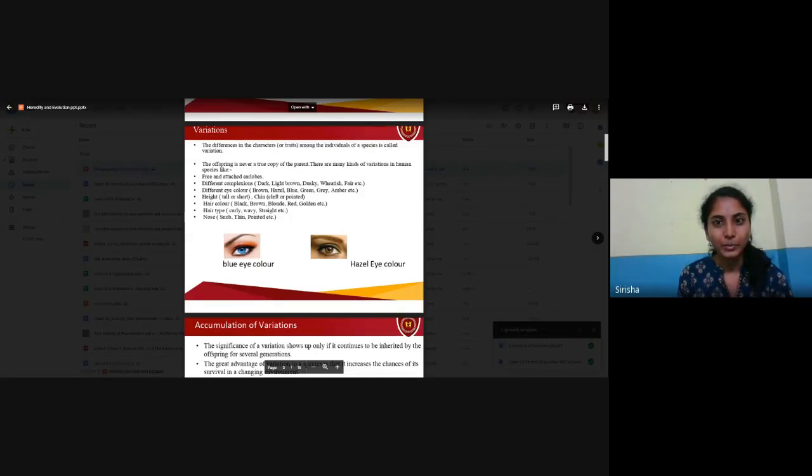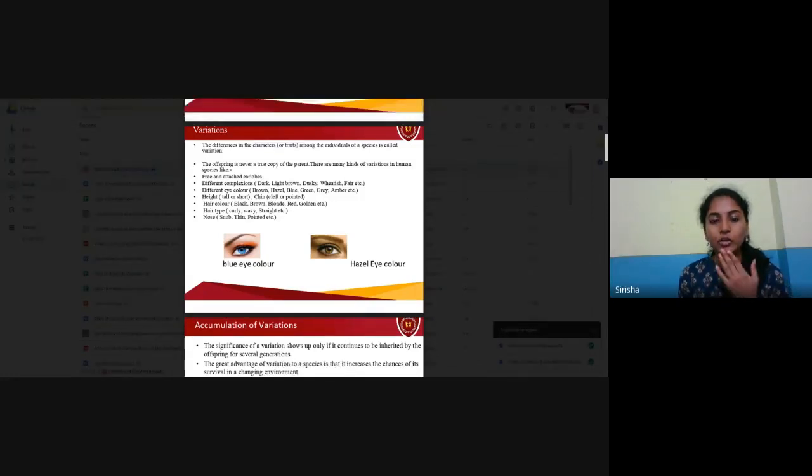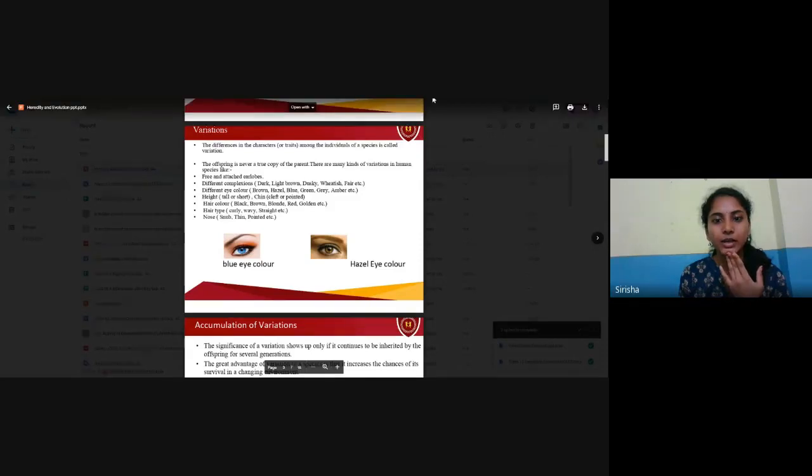Height: some people may be tall, some people may be short. Some have a cleft chin or a pointed chin. A cleft chin has a line in the chin.